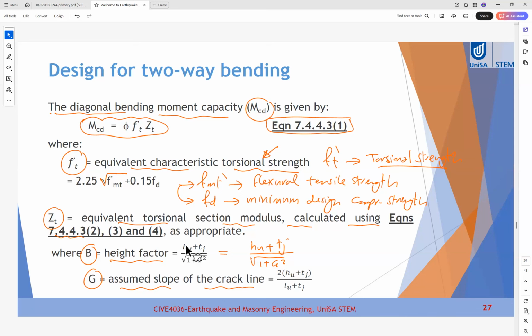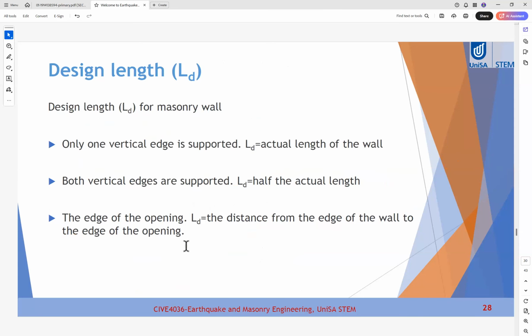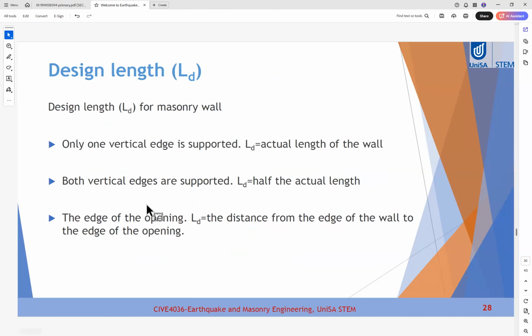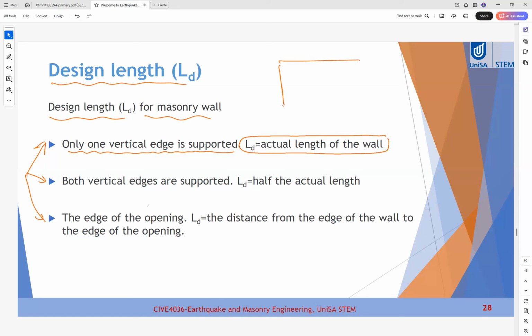Okay, so all the parameters can be found in section 7.4.4.3, and let's go through the other parameters. So LED is the design length of the wall. We have two or three cases for it. If the wall has only one vertical edge supported, LED is the actual length of the wall.